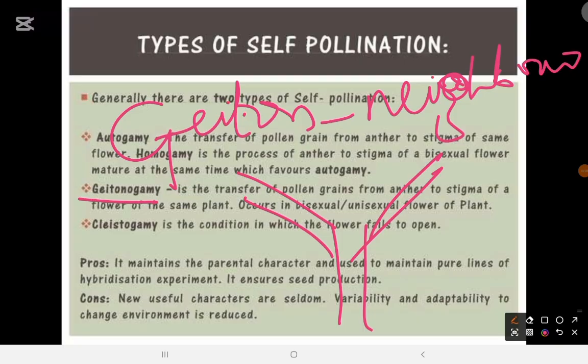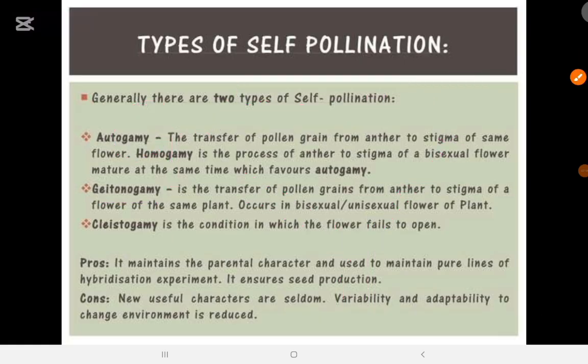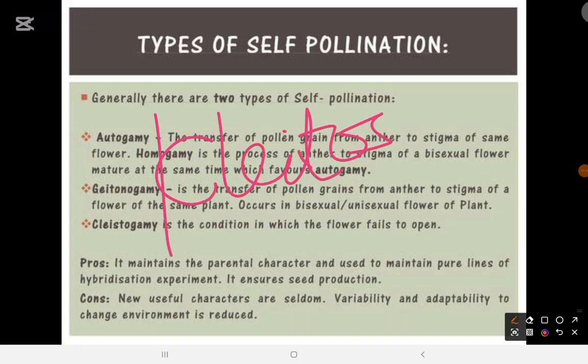And why is that the case? Because, of course, there are different flowers. So an ecologist views geitonogamy as a form of cross pollination. Cleistogamy is a condition in which the flower fails to open. In fact, the word cleistogamy is gotten from the Greek word kleistos, and kleistos means close.